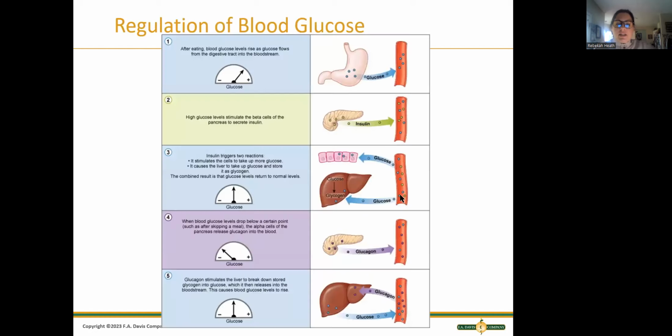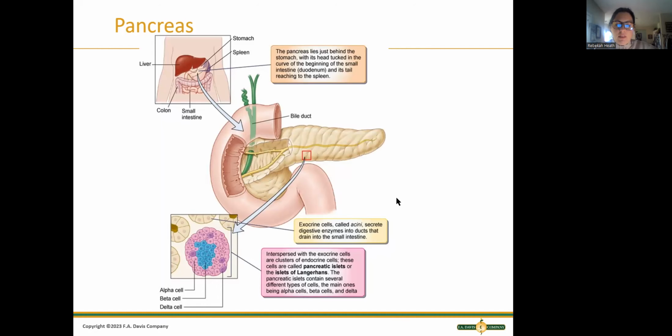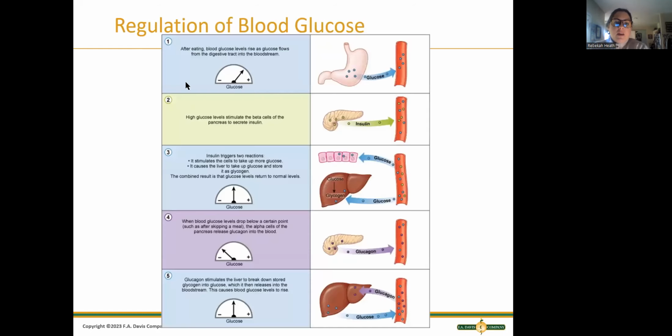It is interesting that there are several cells that do different things on the pancreas. There's alpha cells, beta cells, delta cells. We'll go into those a little bit more, especially week 4 and 5, I believe, when we're really diving into diabetes.